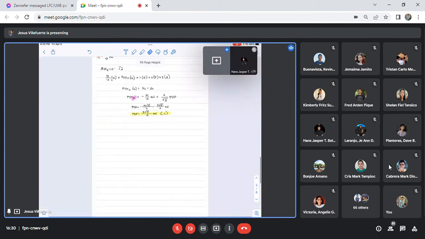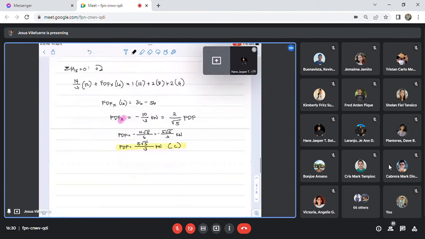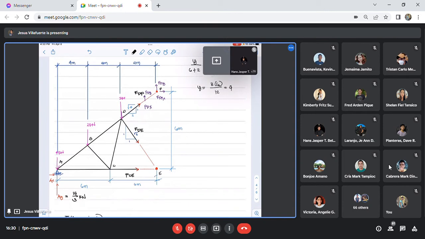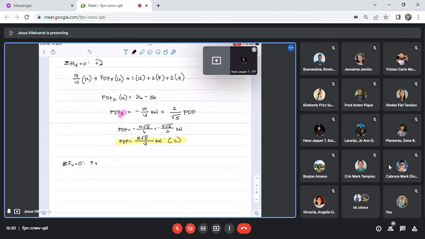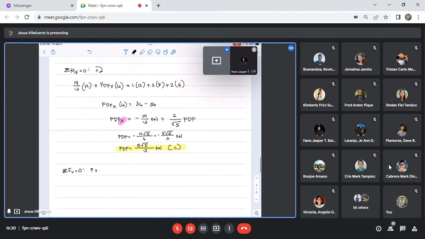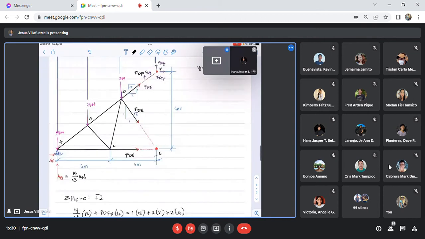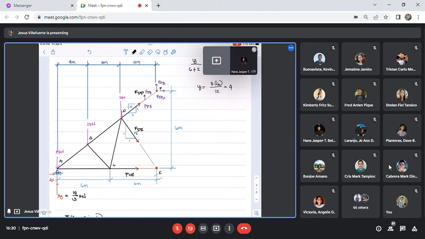So if we take the summation of forces vertical, the summation of forces vertical is equal to 0. What do we have now? Positive going up. So what are the forces going up? That is 14 over 3. What else? Class, what else are the forces going up?